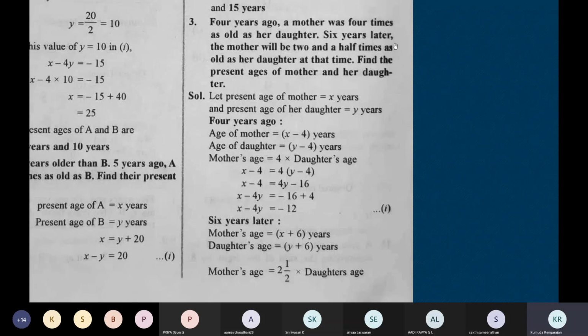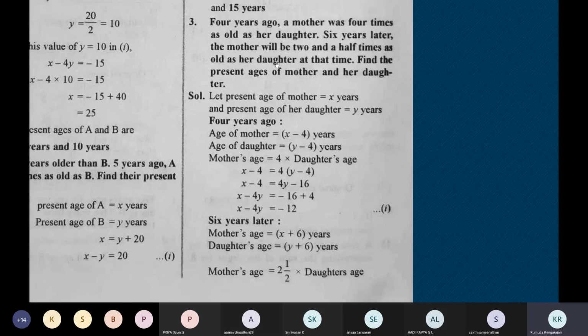Six years later, let's find their ages. Mother's present age x, daughter's present age y. Six years later, x plus 6, y plus 6. It's given that 6 years later, the mother will be 2.5 times as old as the daughter at that time. So mother's age is equal to 2.5 into daughter's age.